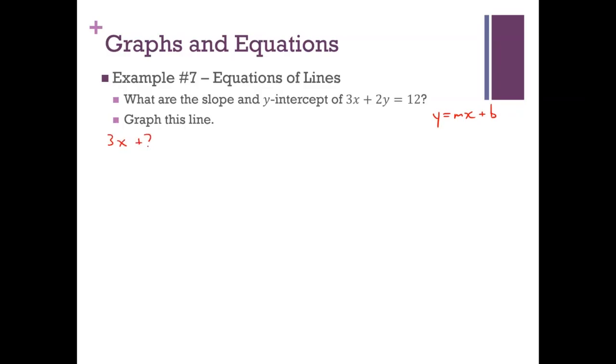So how do I get from this 3x plus 2y equals 12 to this other form, y equals mx plus b? Or in other words, how do we get y isolated?